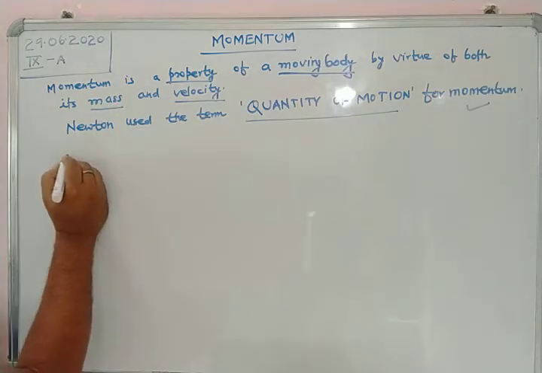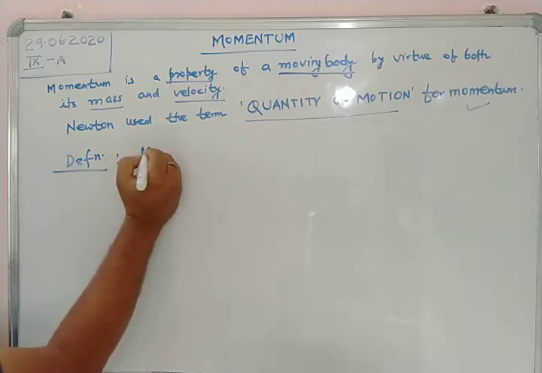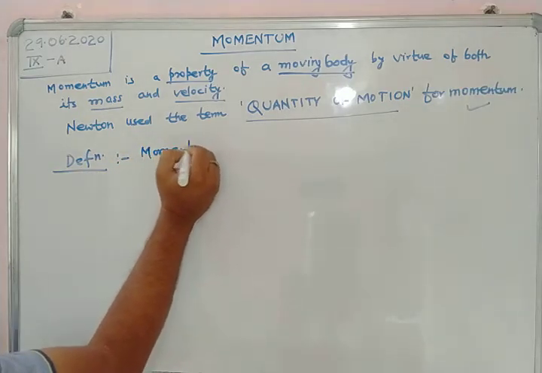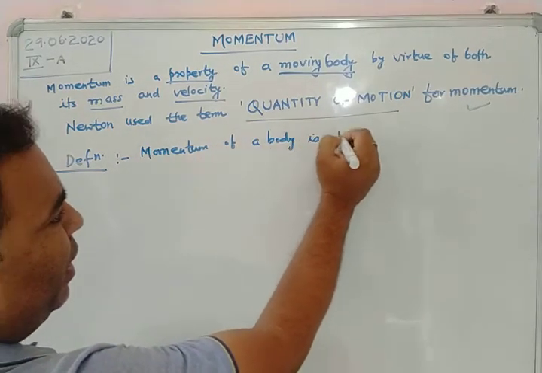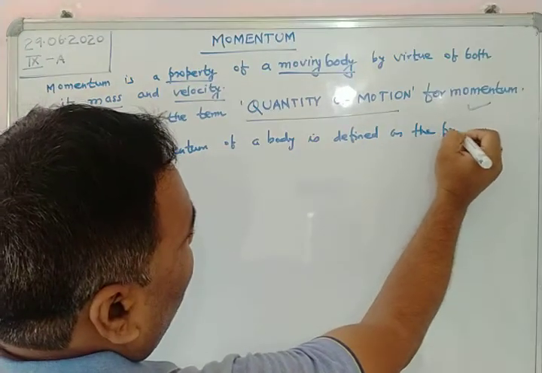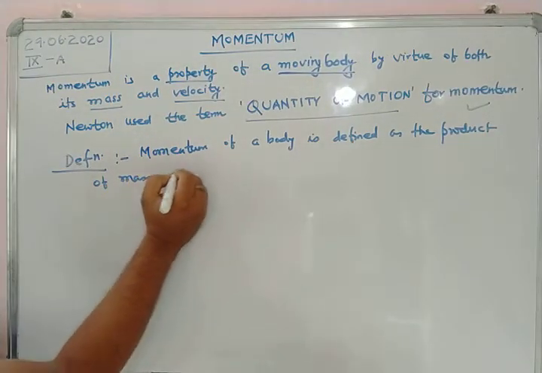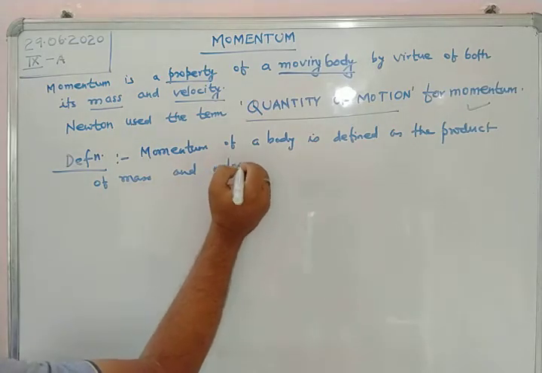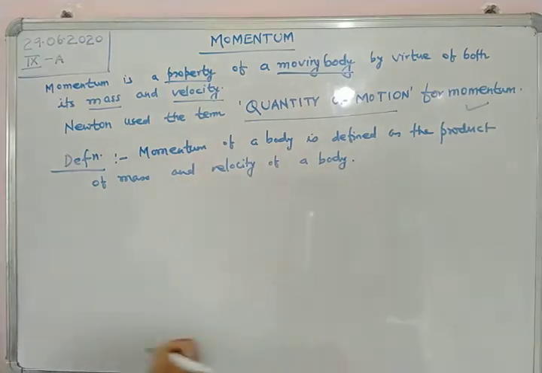So the proper definition for today's time is: momentum of a body is defined as the product of mass and velocity of a body. Mathematically, this is the proper definition.